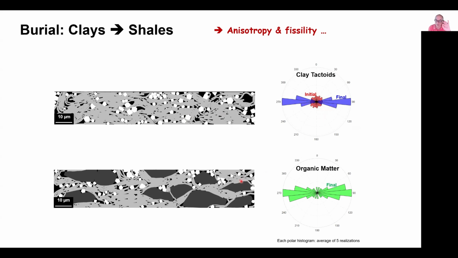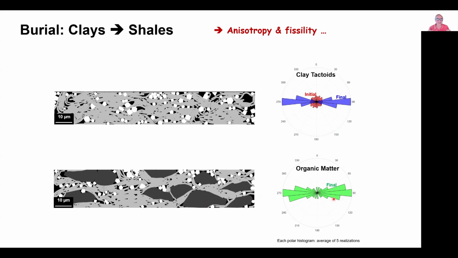And if we zoom in and we look at the organic matter that was made very, very soft and deformable, the organic matter also became quite aligned. Now, when we put these two together, the alignment of particles and the alignment of organic matter, two things come about. One is that clay control fabrics become very anisotropic very early on because of particle alignment during burial, but also they become fissile.